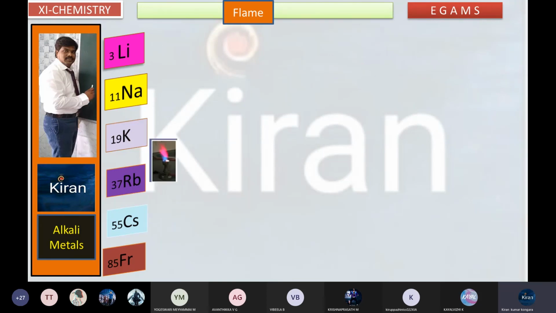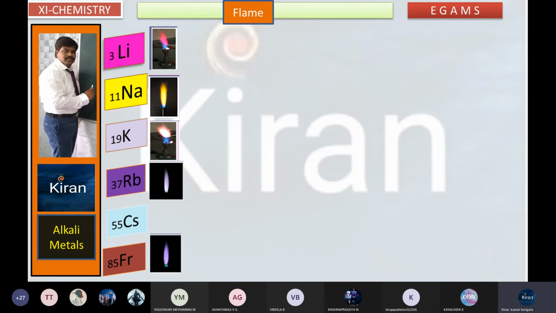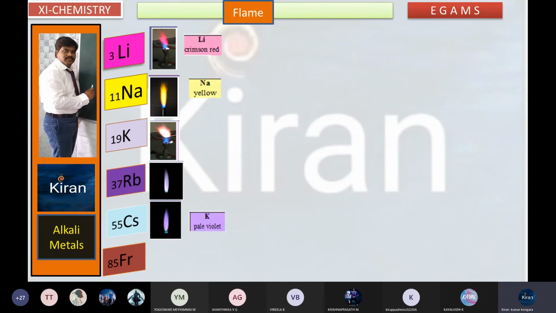So this is the actual flame of lithium, this is the golden yellow flame of sodium, potassium is light violet, rubidium is violet in color, and cesium is bluish, and francium is radioactive. Crimson red, sodium yellow, potassium pale violet, rubidium violet, and cesium bluish. So this is about flame coloration.